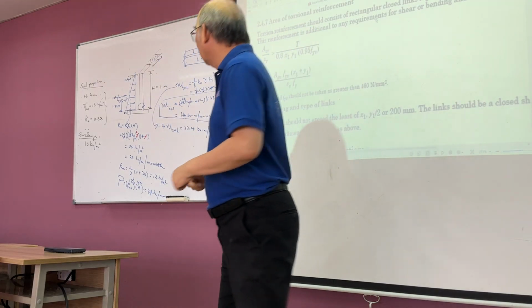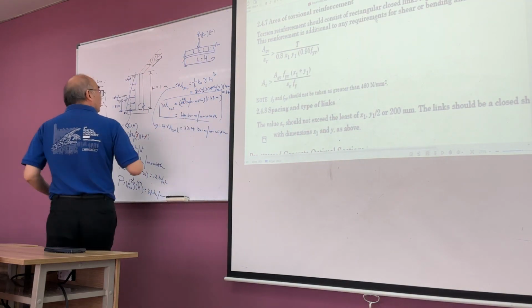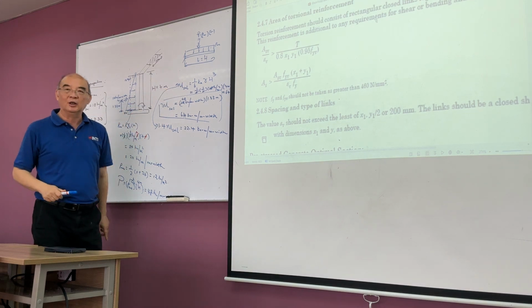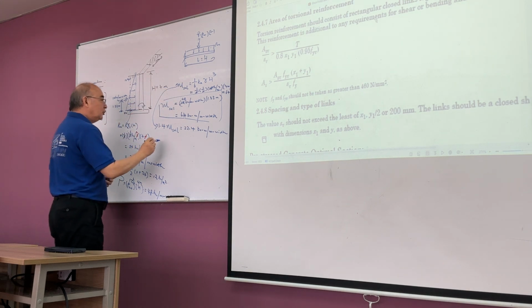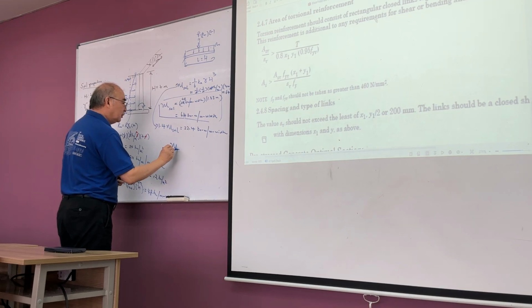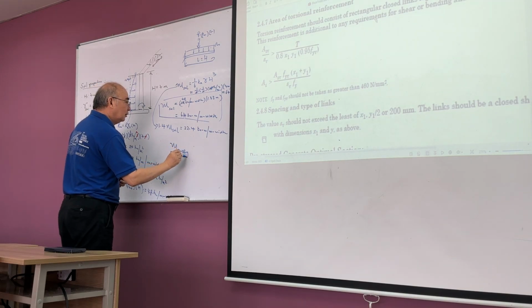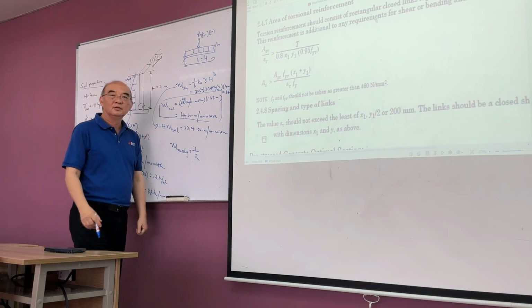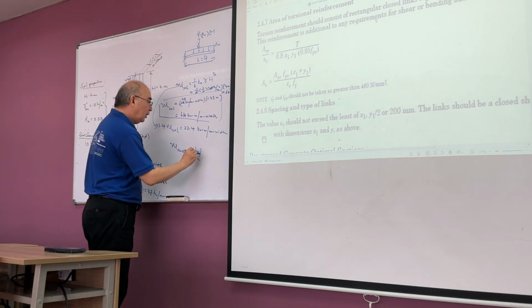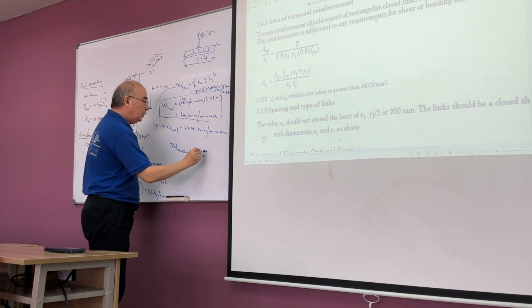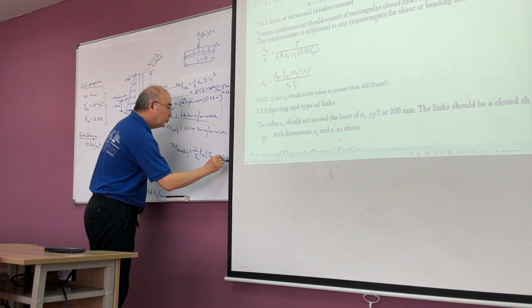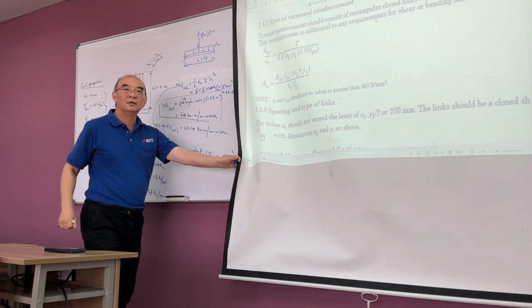Okay, alright. Now, so we have the moment due to the soil. We also have the moment due to the surcharge, right? Moment due to the surcharge, I think instead of 1/6, I think it's 1/2, right? 1/6 Ka, okay? Then surcharge, H squared, okay?